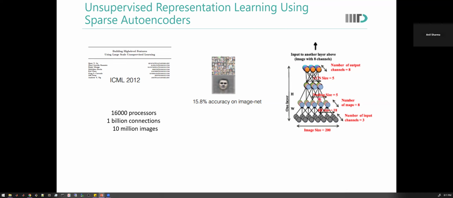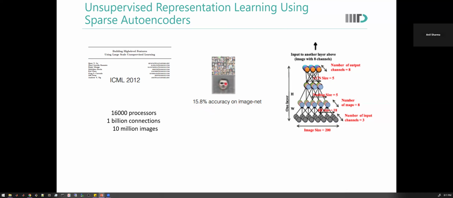For example, we use different parameters at the different layers, and the model mimics how the brain might process information. This is what the paper claims, and they have shown that they are able to achieve 15.8% accuracy on the ImageNet dataset for the face reconstruction.